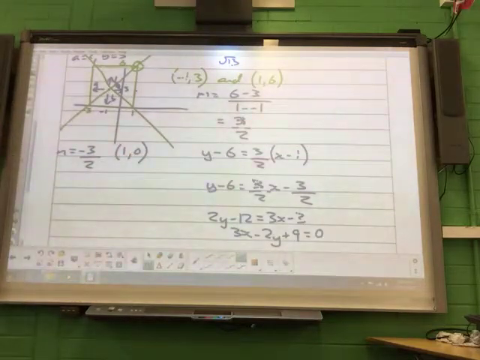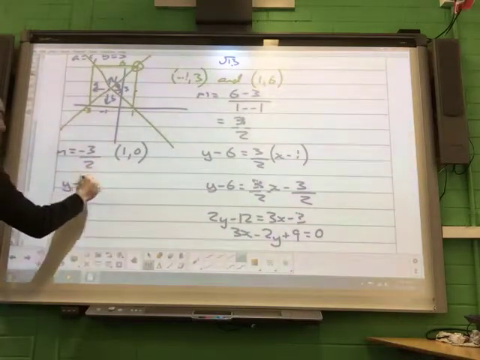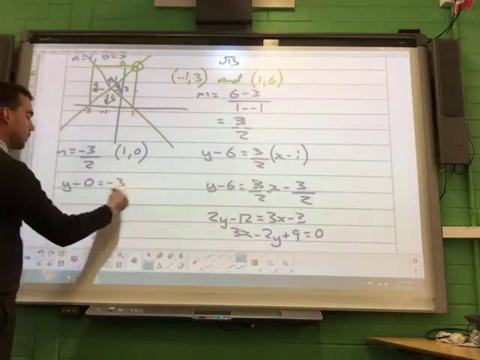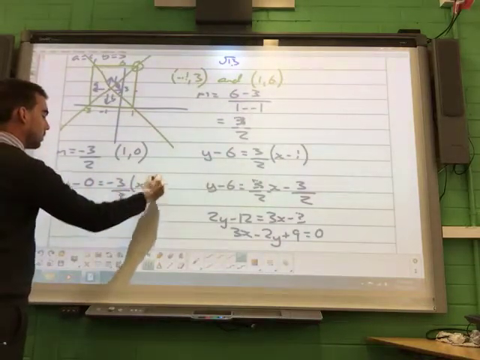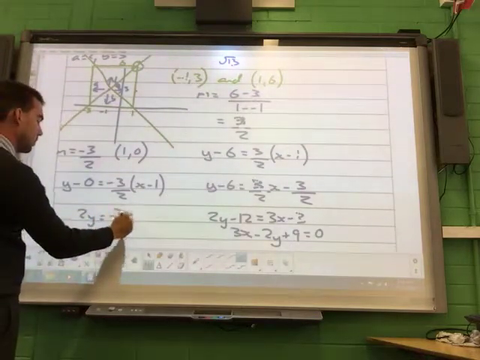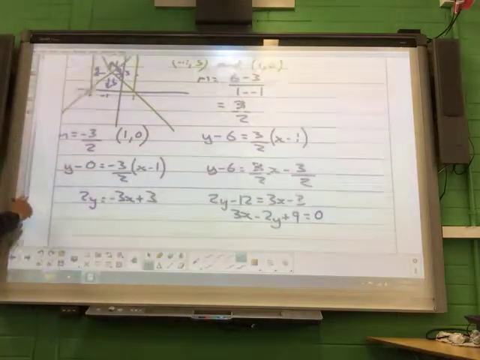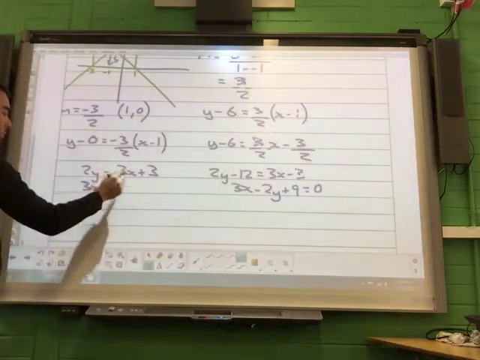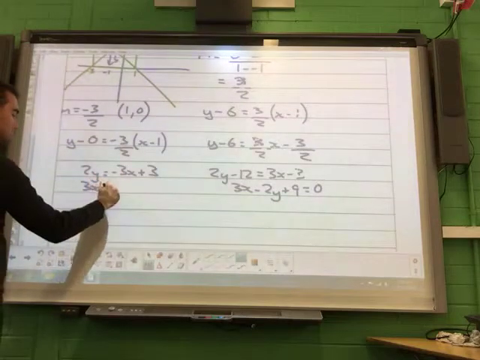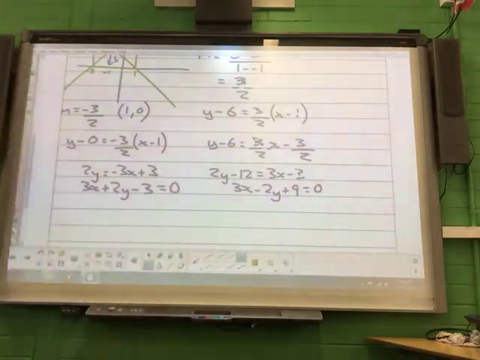So we can get the equation of the downward slope. And there's your equation of your two asymptotes.